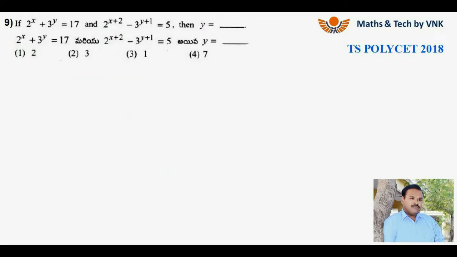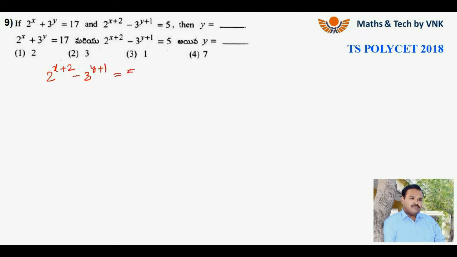Next question is, if 2 power x plus 3 power y is equal to 17 and 2 power x plus 2 minus 3 power y plus 1 is equal to 5, then find the value of y. The given second equation can be written as 2 power x plus 2 minus 3 power y plus 1 is equal to 5.